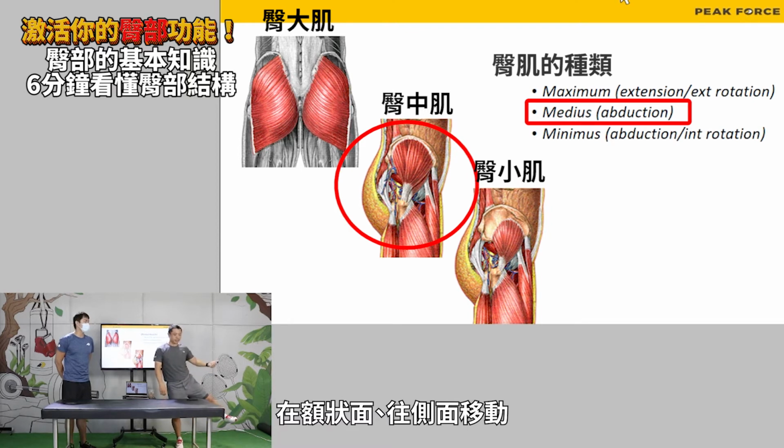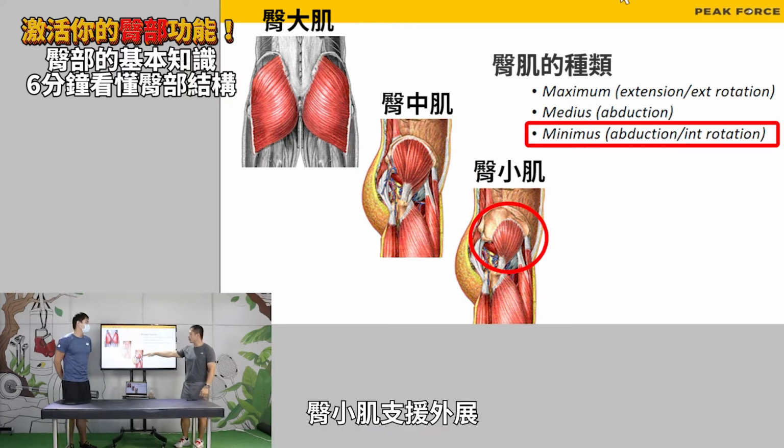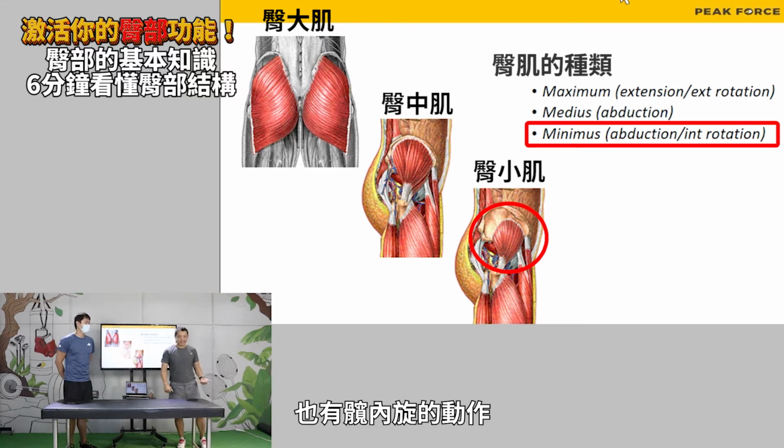It's going to the side way. 好,那再来是这个臀中肌的部分,它主要的功用呢是做外展的部分,也就是在你的额状面,然后做外展。 And the minimus muscle also support the role of abduction, but also it has internal rotation.